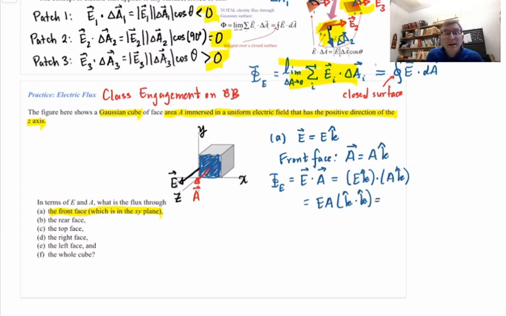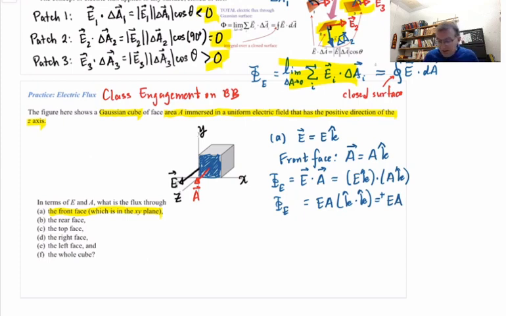Any unit vector dotted into itself gives 1. So this is just positive E times A. That's the expression for the electric flux through that front face. Okay? That would be the answer for part A.